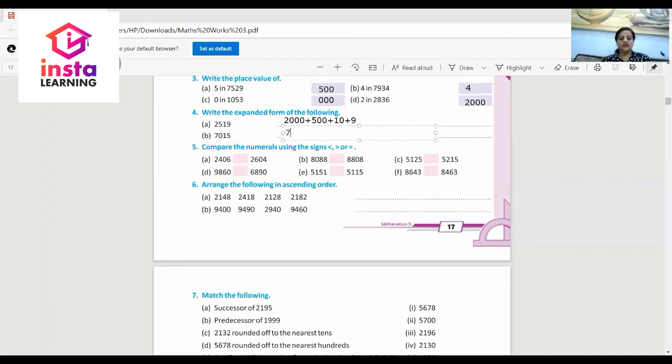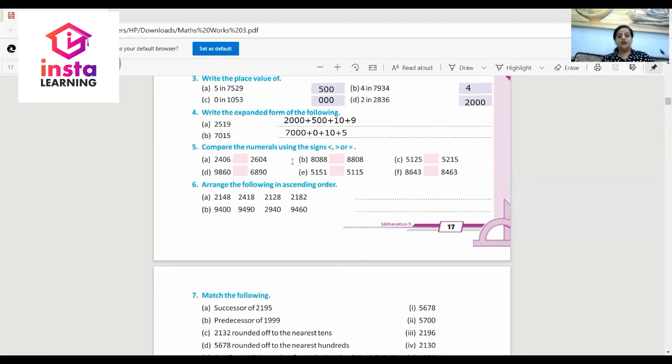Now next is 7000 plus 0, because at hundreds place there is 0. Next is 10, next is 5. So 7000, 10 and 5, that is 7015, is the answer.